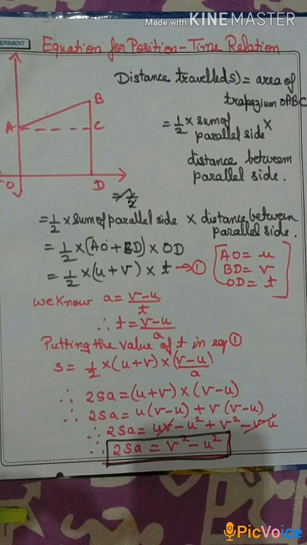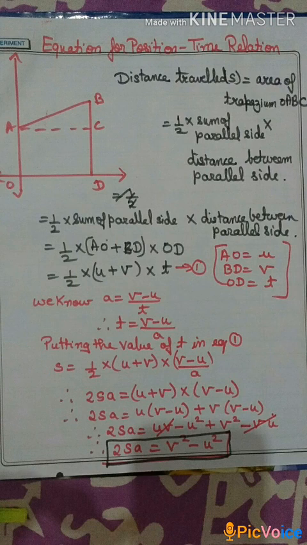Which are the parallel sides in this trapezium? It is OA, and the side parallel to OA is BD. Now, these two are the parallel sides, that is OA and BD.